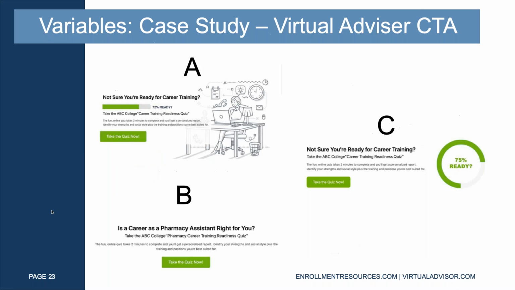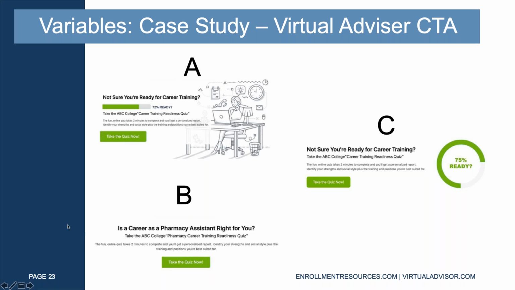We've done many tests, but in this example there are 3, and the words are more or less the same. It's just the styling around it. A, the control, is "Not sure if you're career training ready?" with an illustration of a woman at a computer desk and a bit of language. B was, "Is a career as a pharmacy assistant right for you?"